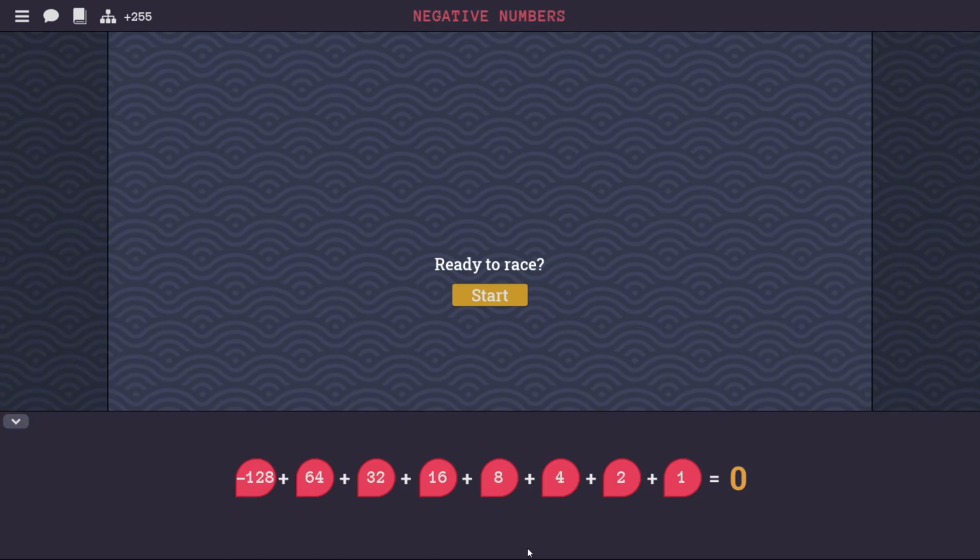So if we have 8 bits and we declare this as not being signed, that means we can represent up to 255 values using just these 8 bits.